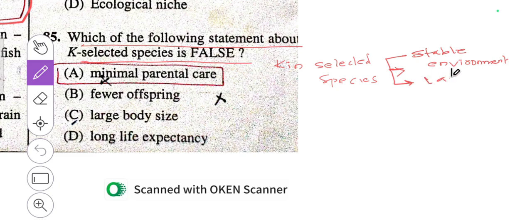Then they will have a large size, and energy use is high. Then the offsprings which are produced are few.